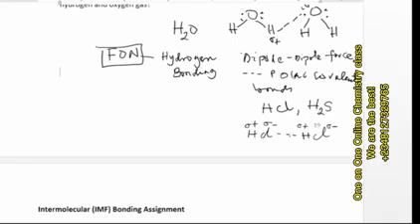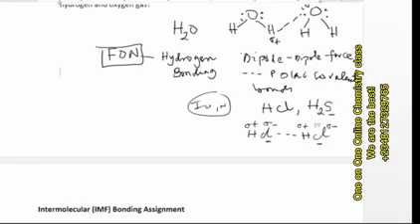You can see that this is different from hydrogen bonding, because hydrogen bonding majorly includes fluorine, oxygen, and nitrogen. In the case of dipole, we have dipole charges, but not involving fluorine, oxygen, or nitrogen. Here you have chlorine, and here we have sulfur. This is one simple indication for differentiating between hydrogen bonding and dipole force.